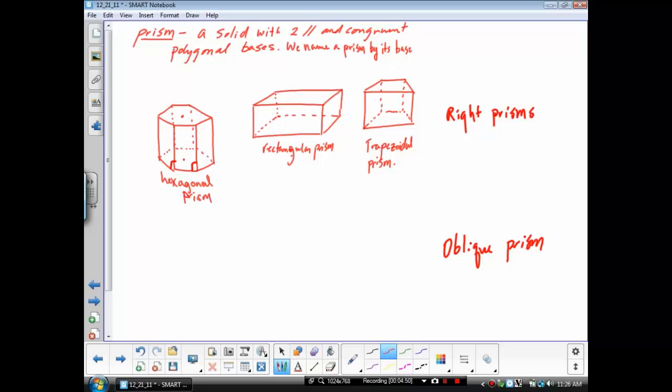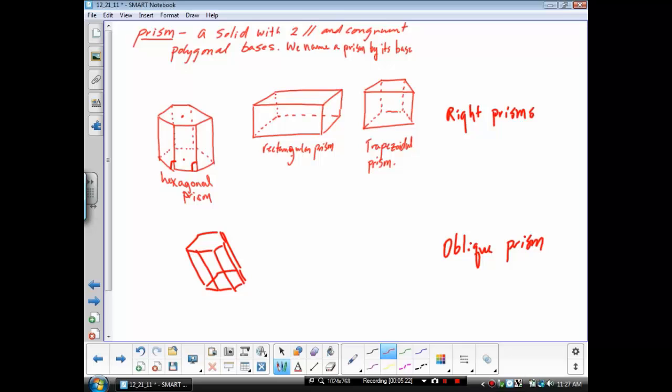But if you take these two bases and slide them so that you have one hexagon that is here and another hexagon, let me clone this, that is off at an angle, and then you draw the edges, then you are forming an oblique prism. Your bases are still parallel and congruent, but they're not one above each other.